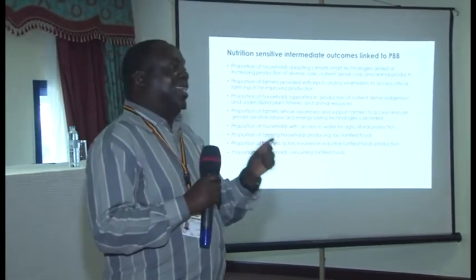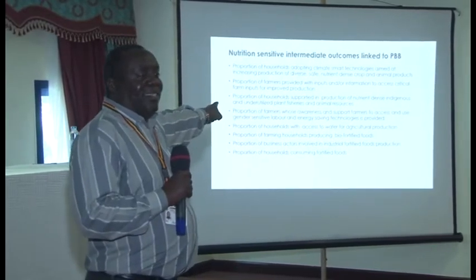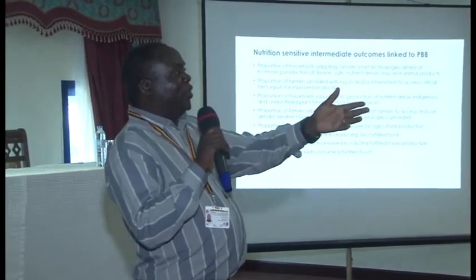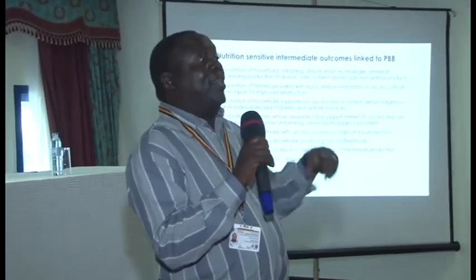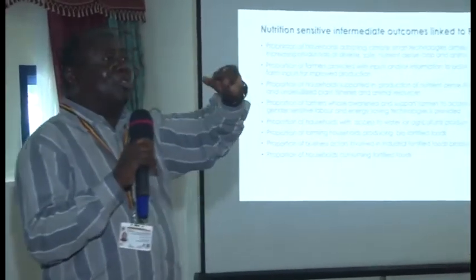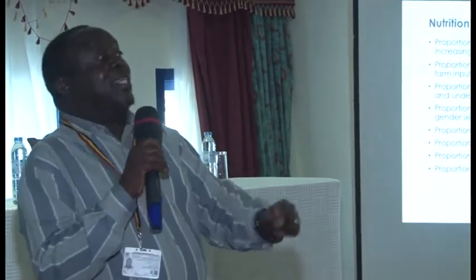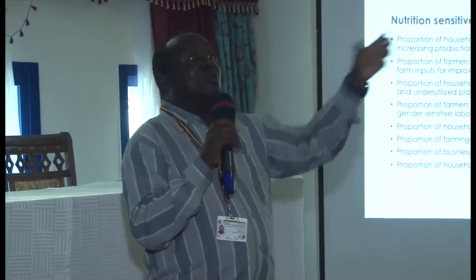The question is, as NIPN, where do we find this type of data? It's within the Ministry of Agriculture or maybe the Ministry of Environment, the Department of Climate Change, or wherever. We might find data from those sources. But once we get that data and we are able to analyze that the proportion of those households has increased by this margin, then we should be able to link it to the other nutrition outcomes as contributing factors.